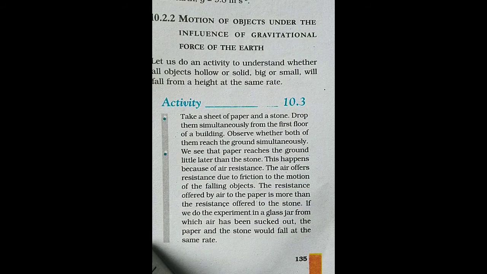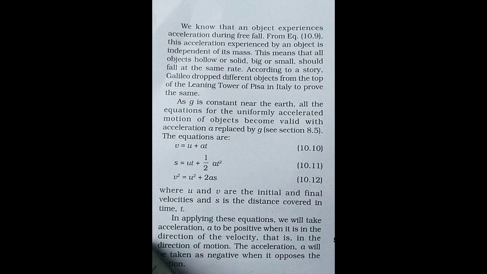Our next subtopic is motion of an object under the influence of the gravitational force of earth. If an object is under the influence of the gravitational force of earth, what are the formulas that we can use to calculate everything regarding the motion of that object? They are the same three formulas of kinematics.